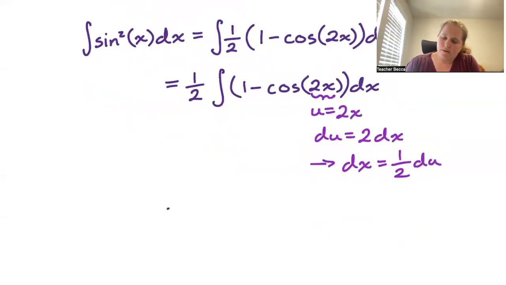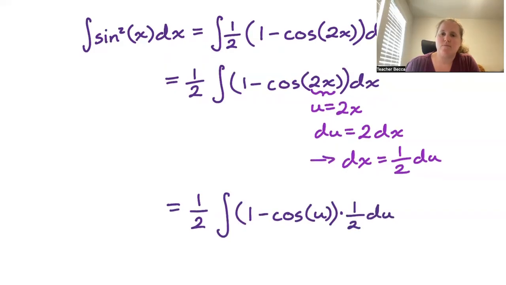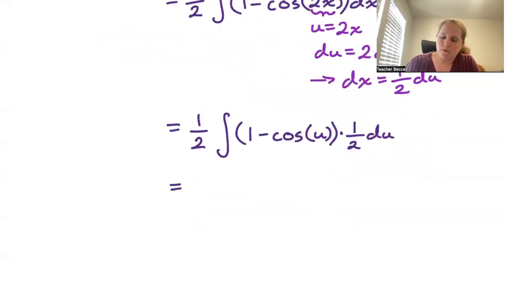So we now have 1/2 times the integral of 1 minus cosine of u times 1/2 du, or 1/4 times the integral of 1 minus cosine of u du.